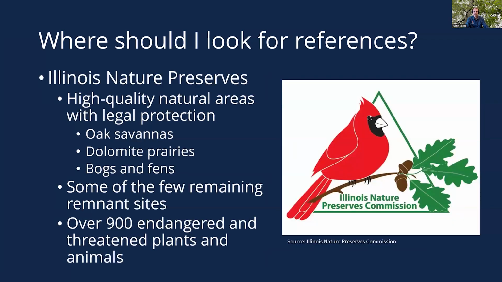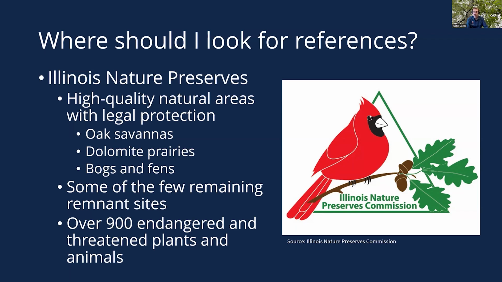Once we've identified which natural division we're in, we might think about looking for those high quality sites. One great resource for identifying those high quality sites is the Illinois Nature Preserve System. This is a system of high quality natural areas that have legal protection under Illinois state law.